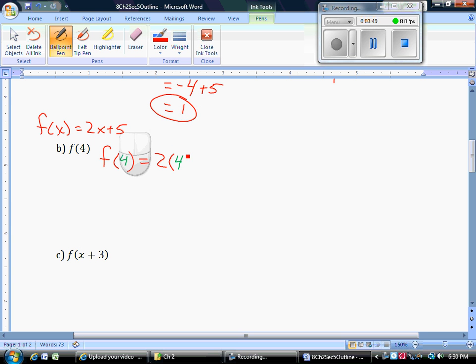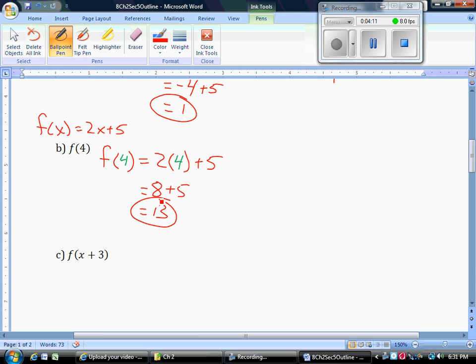Pretty simple. And I'm just simplifying again. There's nothing on the left side. It's just f of 4. So on the right side, I do 2 times 4 is 8 plus 5 gives me 13. So the function involving 4 is equal to 13. F of 4 is 13.